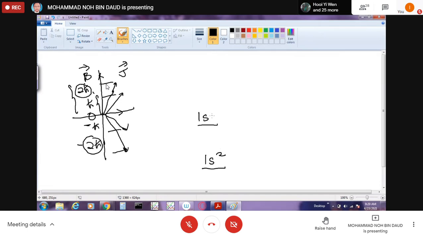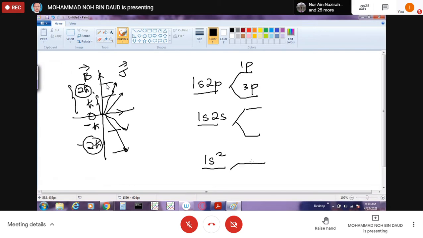So we have here the ground state, and the first excited state. When we introduce the inter-electron repulsion, this splits into two different energies, 1s 2s. So this is the triplet P, and this is the singlet P, right?